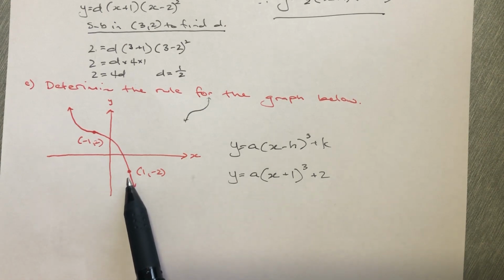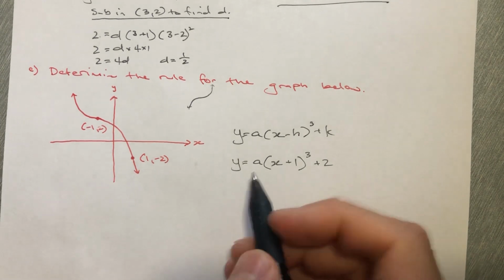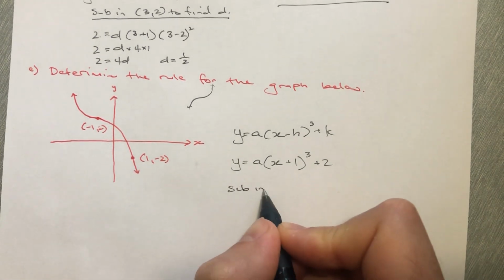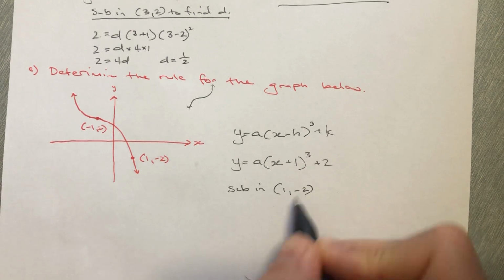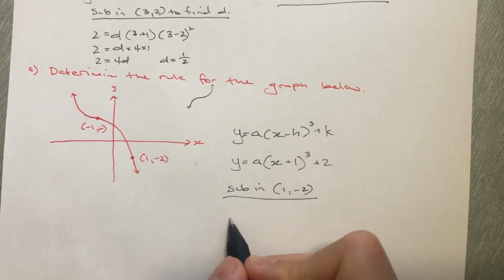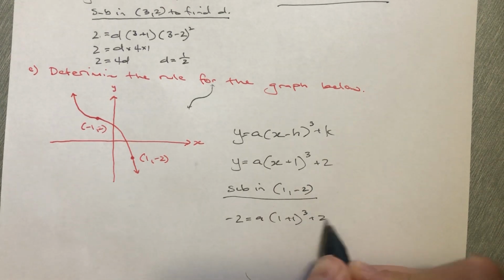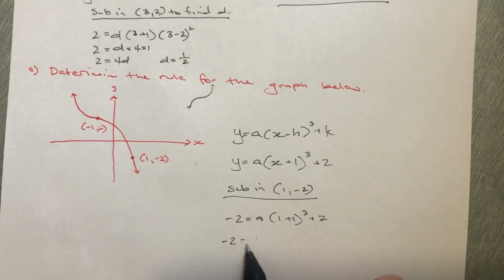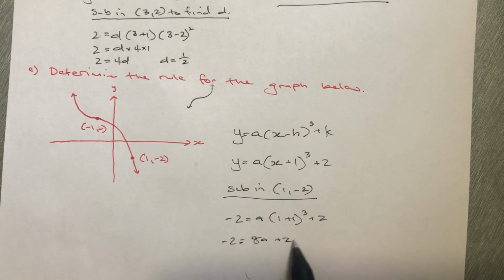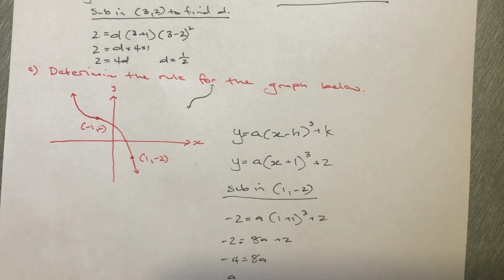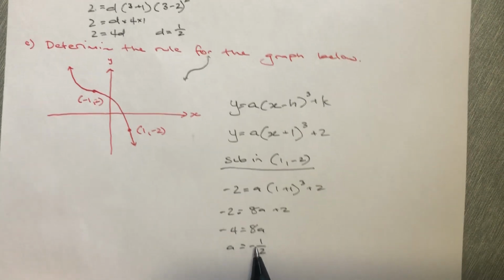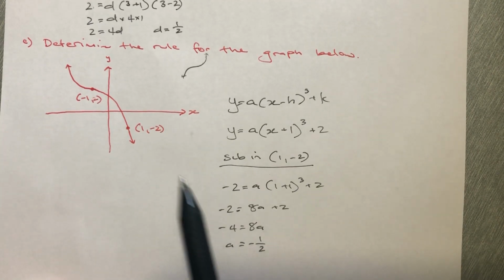Let's substitute that point in and see what our a value comes up as. So a is -1/2 this time. And it is a negative value, so that works out.